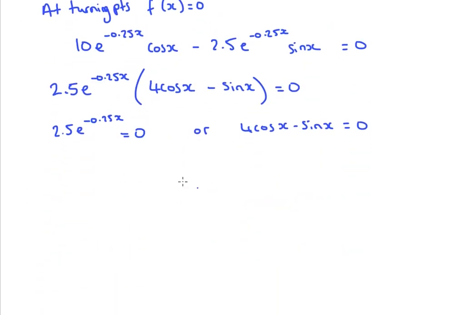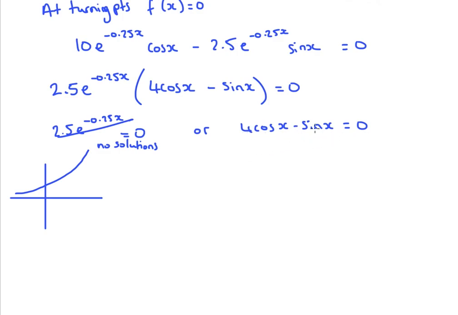However, an e function is never equal to 0. The graph of e doesn't ever hit the x-axis, so that's never 0. So there's no solutions from that one. This one we can get solutions from.